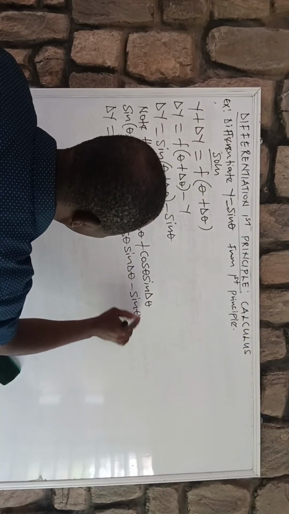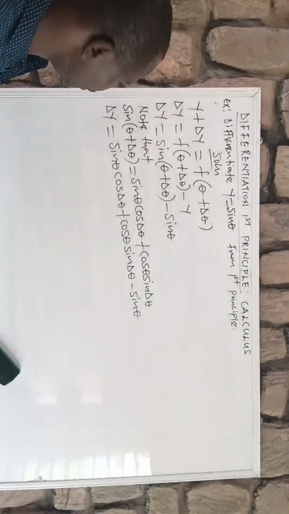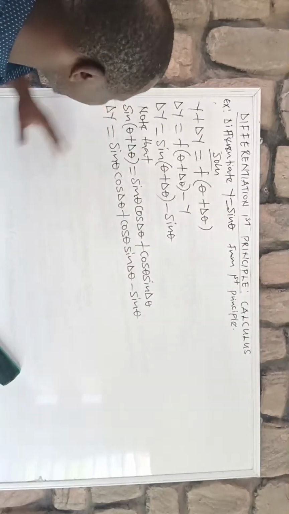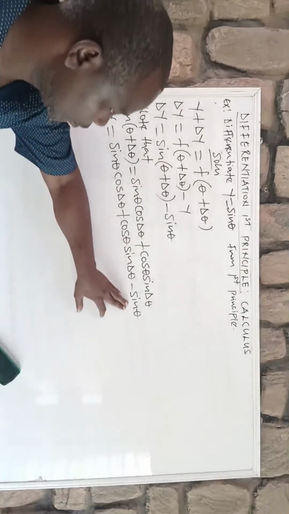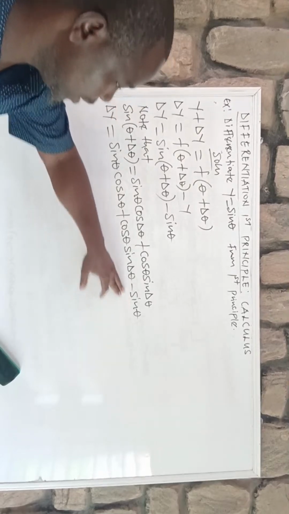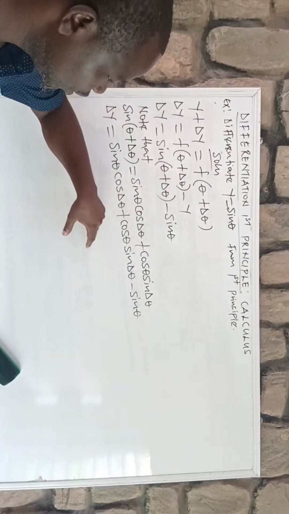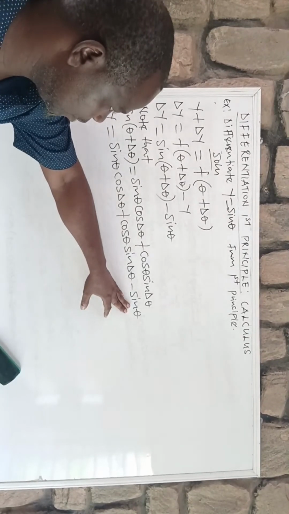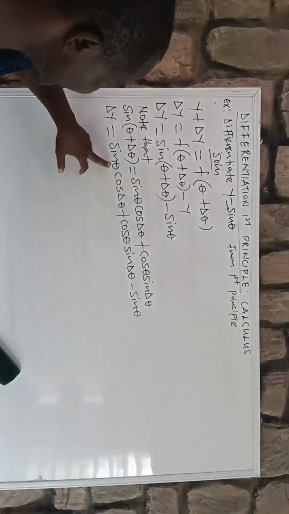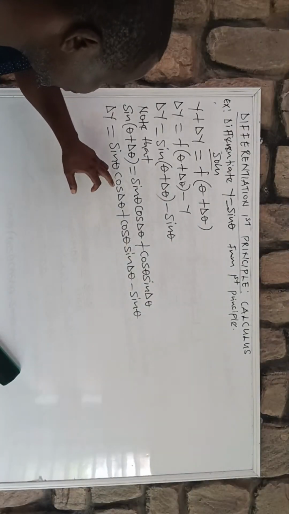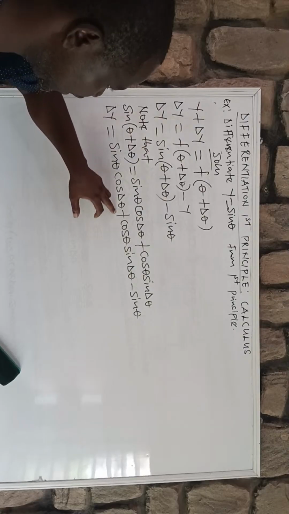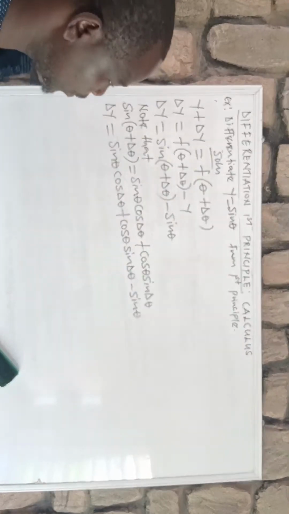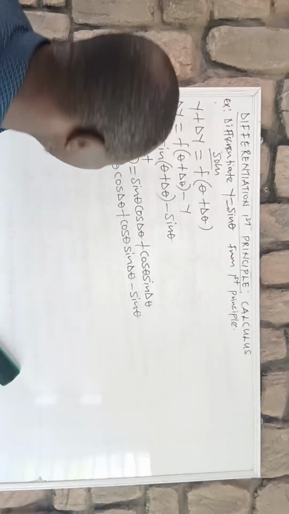So looking at this equation, you can see with me that this and this are like terms. Why? Because we have sine theta here, but we know that we have cos the theta, but here is sine theta. So we collect like terms.